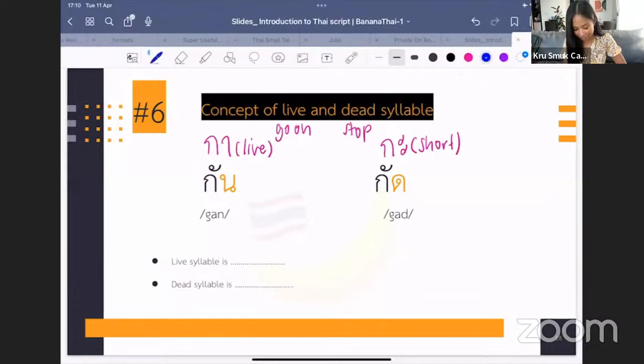From this example, ga and ga, what is it? This one doesn't have a final consonant, so it is the vowel, the length of the vowel. The vowel determines live and dead, and that's why I go back to what I just told you: learn whether it's a short or long vowel, because that determines live and dead.